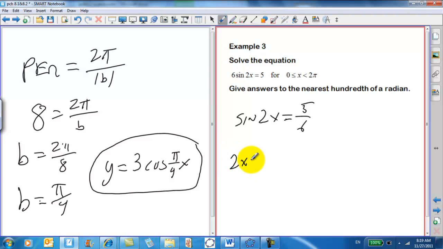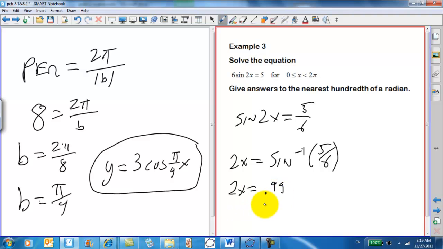So we get 2x equals the inverse sine of 5/6. And so we get 2x equals, off the calculator, 0.99.